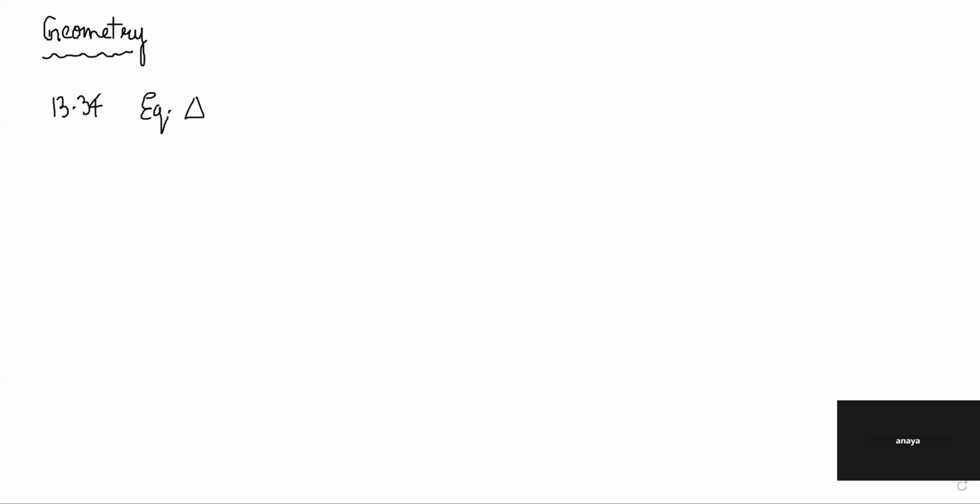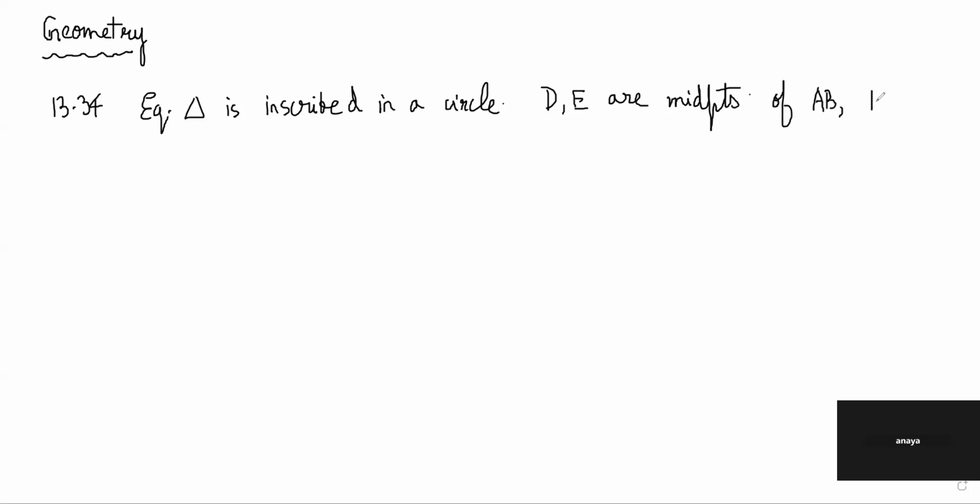Points D and E are midpoints of AB and BC respectively, and F is the point where DE meets the circle. We have to find the ratio of DE by EF.